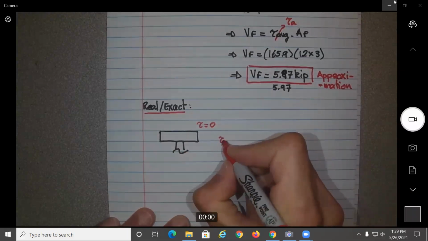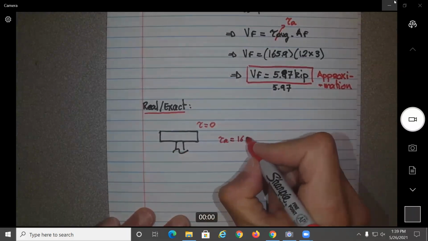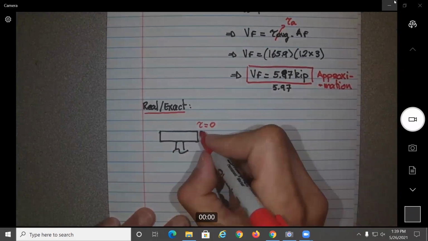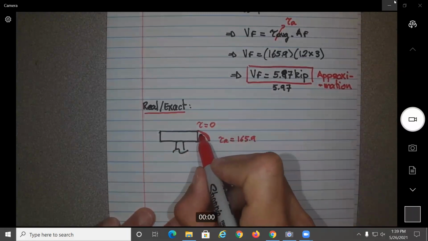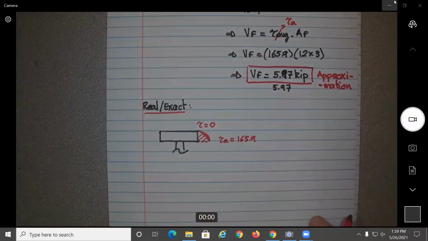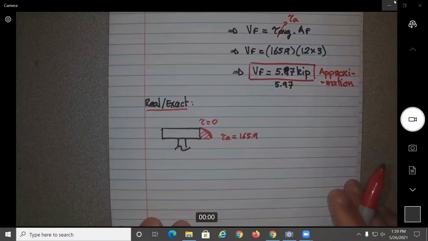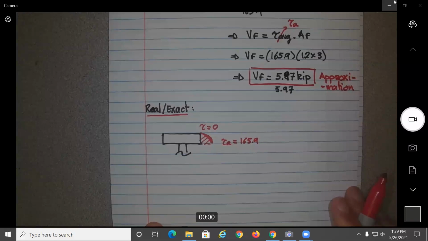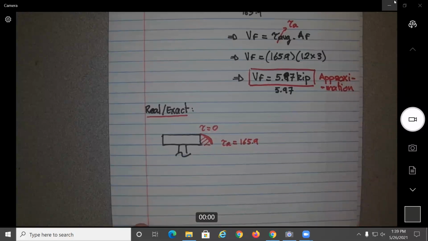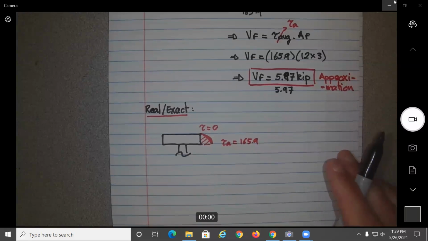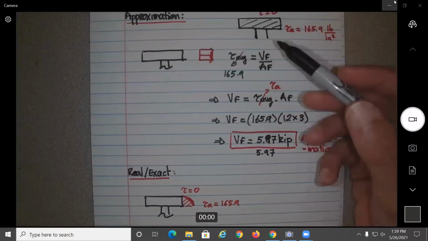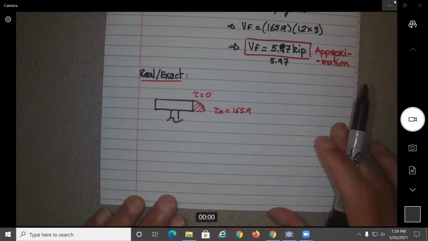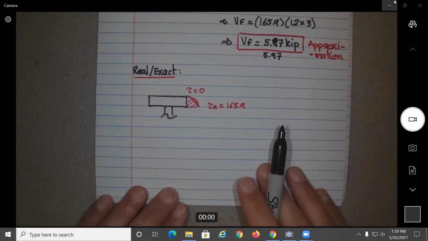And here we know it's equal to the tau sub A, 165.9. And actually it should be some type of parabola. Okay, and I'm going to show you that. What happened is that generally this is the way it's done, and you will see why. But if you do it in detail, you're going to see what you get.